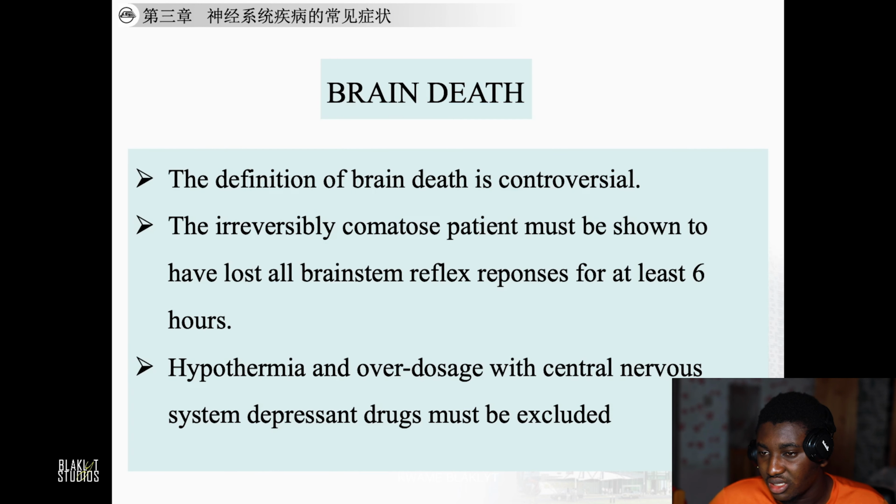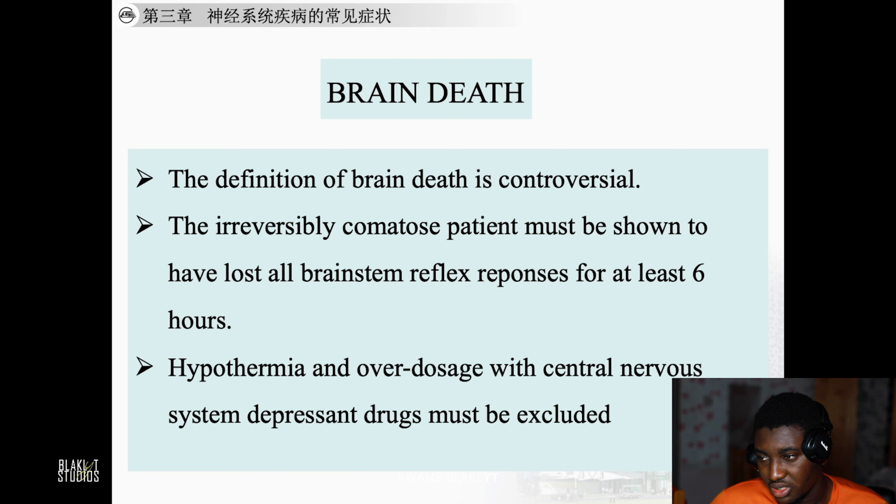Brain death. The definition of brain death is controversial, right? The irreversibly comatose patient must be shown to have lost all brainstem reflex responses for at least 6 hours. Hypothermia and overdosage with central nervous system depressant drugs must be excluded.